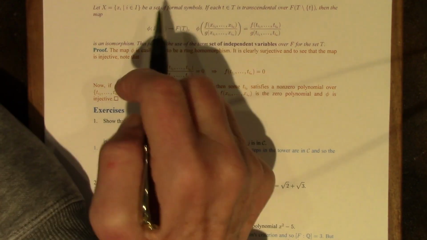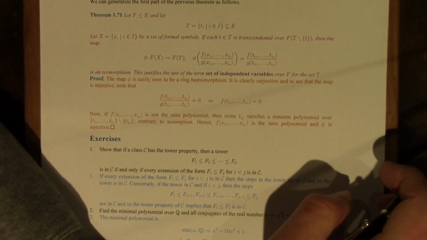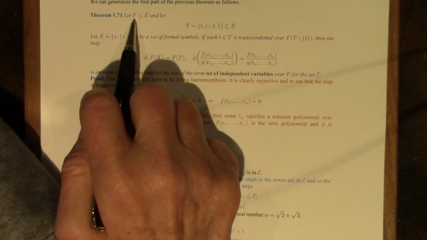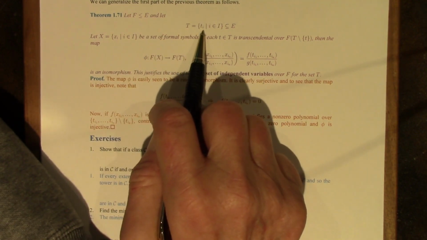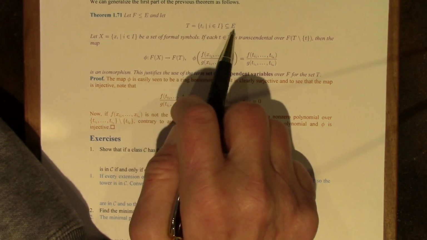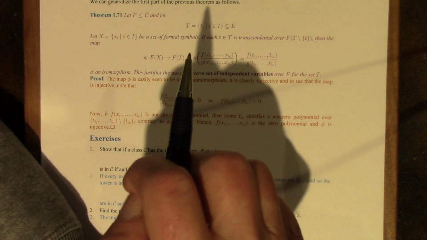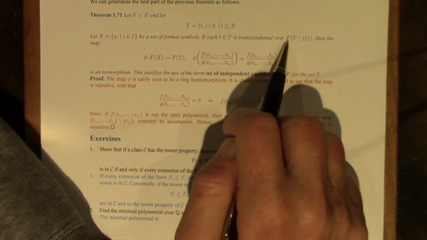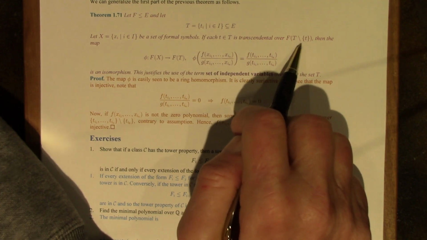Finally, part one of the previous theorem can be generalized. If E over F is a field extension and we have a set T of elements of E, and each element of this set is transcendental over F with the other elements of T adjoined.